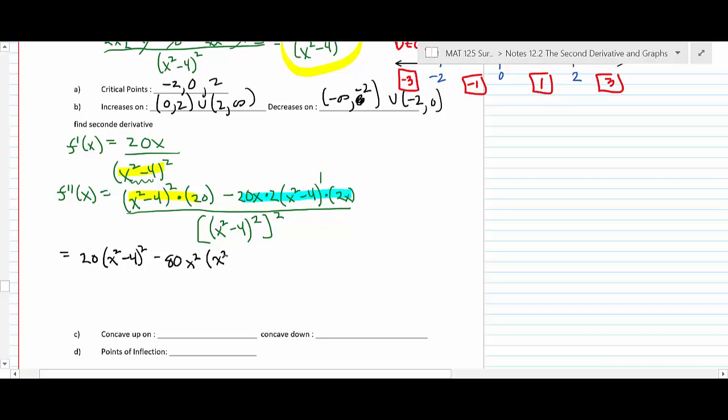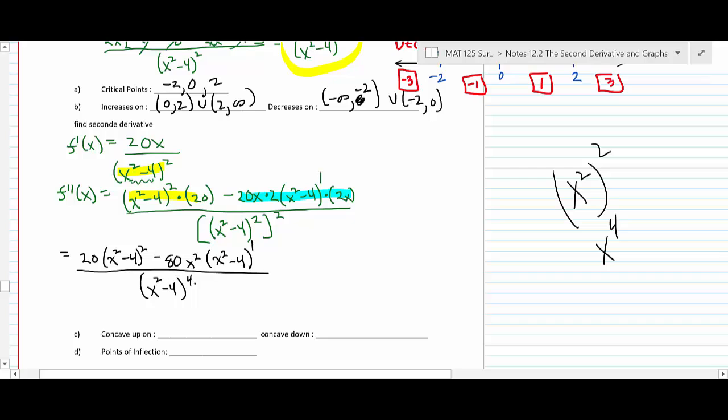Then I've got x squared minus 4 to the first. 20 times 2 is 40, times 2 is 80, x times x is x squared. Now, tell me what the bottom is. If you square and then square again, what do you get? Fourth power. Remember you multiply those powers. That's algebra stuff. If you had x squared to the second, that's x to the fourth, because 2 times 2 is 4. So that's going to become x squared minus 4 to the fourth power.